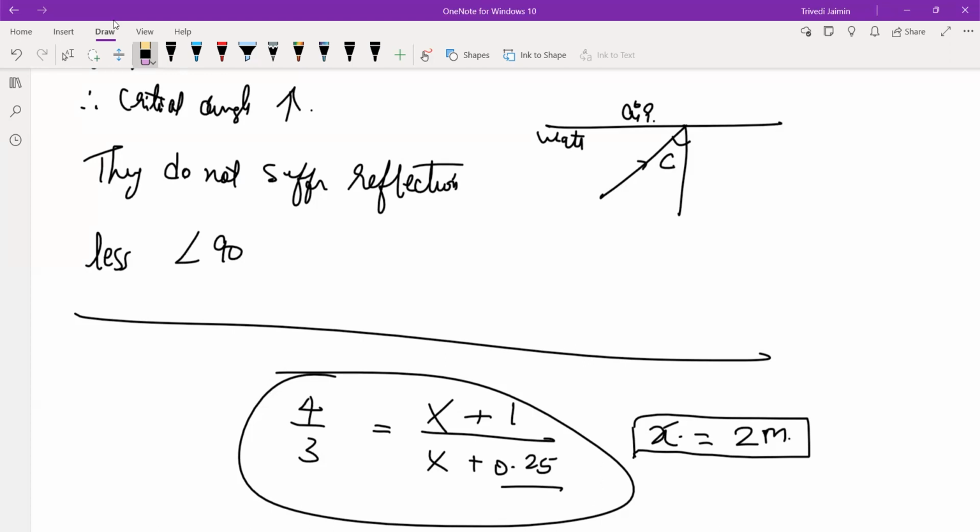What is 25 here? Distance. So height and distance are both similar. Yes, sir. So we used a ratio of those. The ratio of height and distance equals the refractive index. Because other things are not given, we have to compare with that.